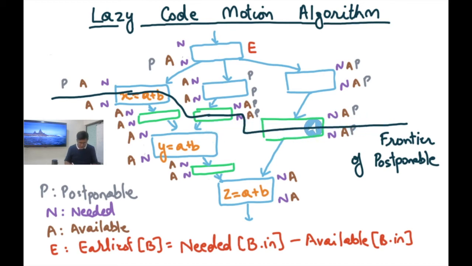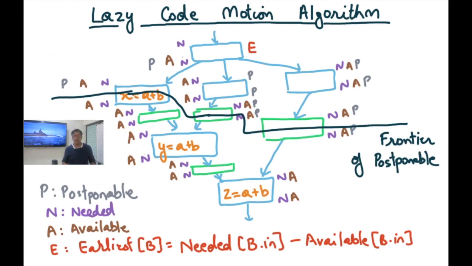So I can draw a frontier: the basic blocks where it is postponable at the entry, but at one of its successors it cannot be postponed. So a plus b could be postponed here, here, here, but not here, not here, and not here. This forms a frontier of postponable.